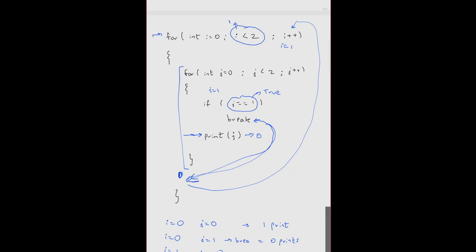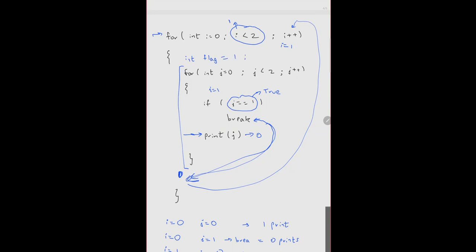Sir, if I wanted to break out of the outer for loop also, then what should I use? Okay. If you want to break out of the outer for loop also, you can do something like int flag equal to 1.